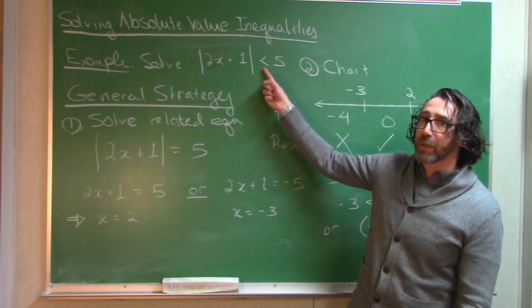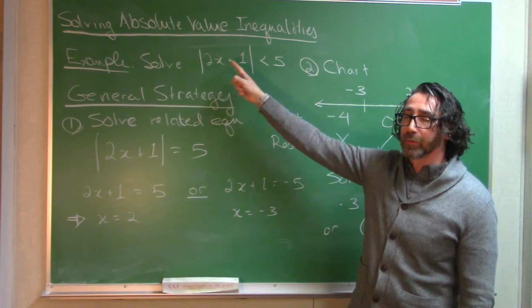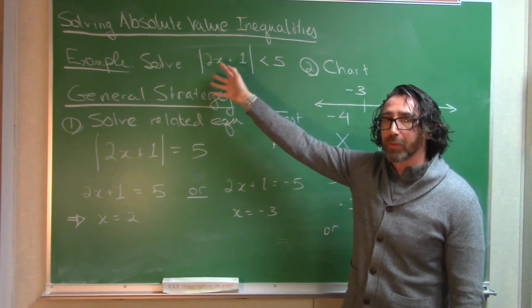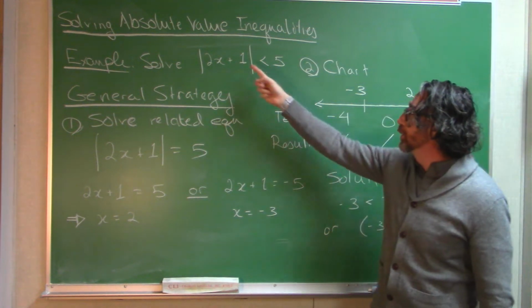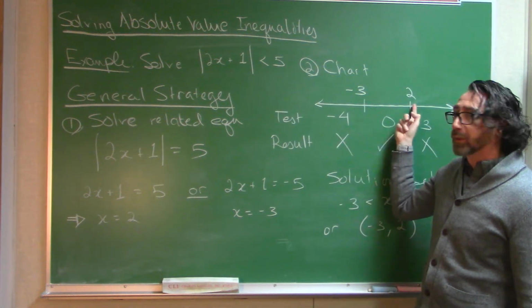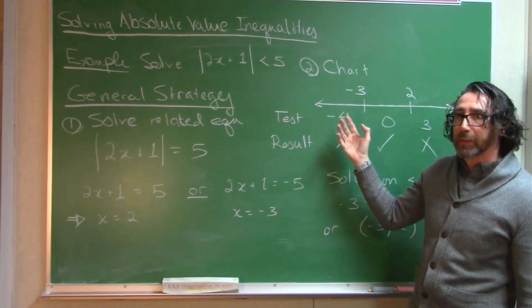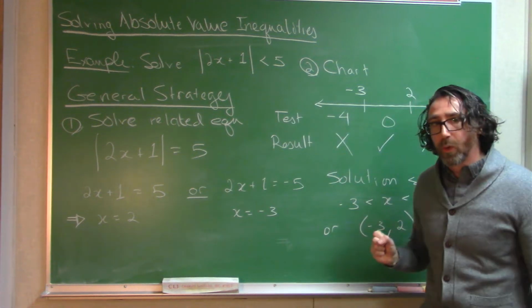I don't want this expression to be equal to 5. The inequality was less than 5. It was saying absolute value of 2x plus 1 less than 5. If I plug in -3 or 2, it would be equal to 5. So these points don't actually belong to the solution set of the inequality.